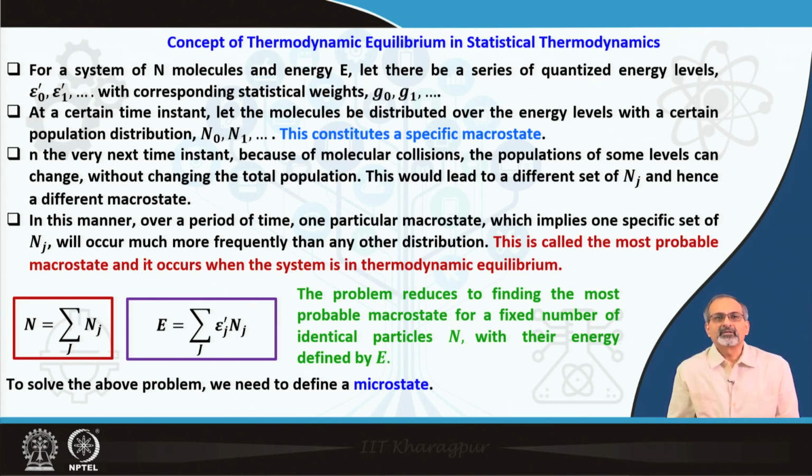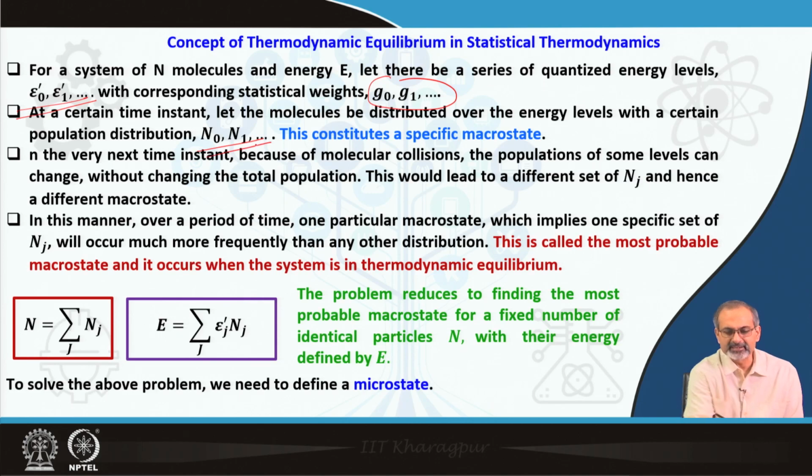So, for a system of n molecules and energy E, let there be a series of quantized energy levels, as we have already defined, with corresponding statistical weights G0, G1, etc. And we will discuss the statistical weights further. At a certain time instant, let the molecules be distributed over the energy levels with a certain population distribution.